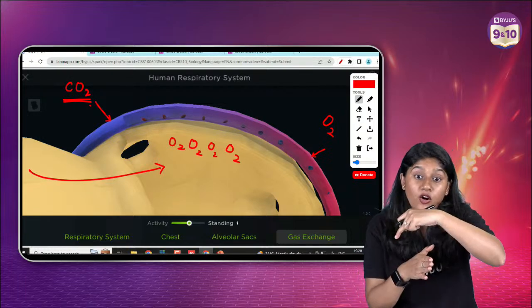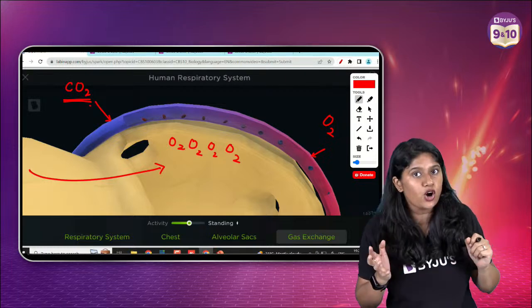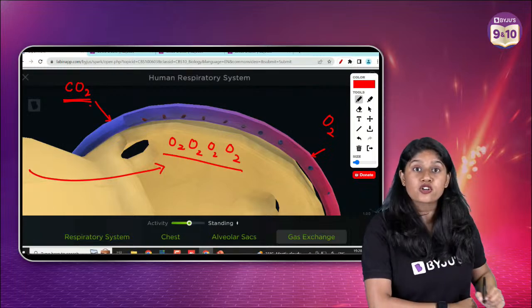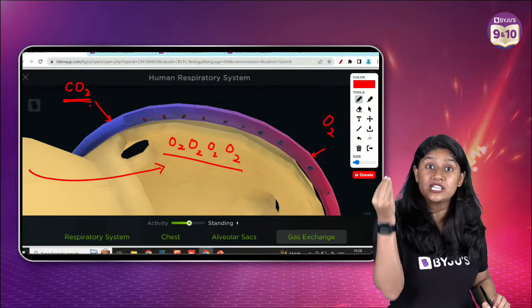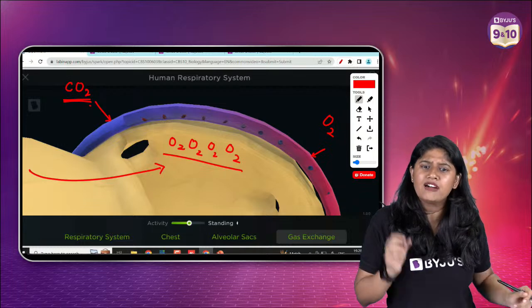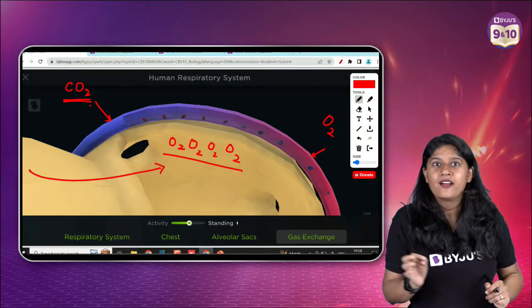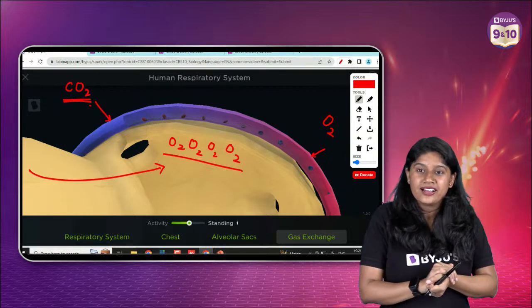And of course, it is surrounded by the capillaries, which are carrying the CO2 and the oxygen. The concentration of oxygen is more in the alveoli and the concentration of CO2 is more in the capillaries. Now, a very simple thing will happen. Can you tell me what process is happening over here? We have studied this process in class 9th and in class 8th also.